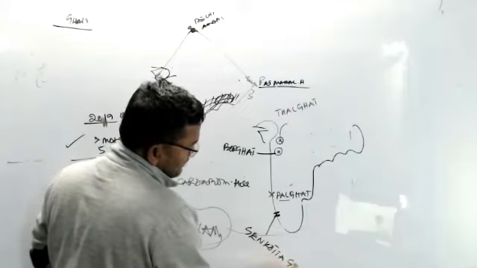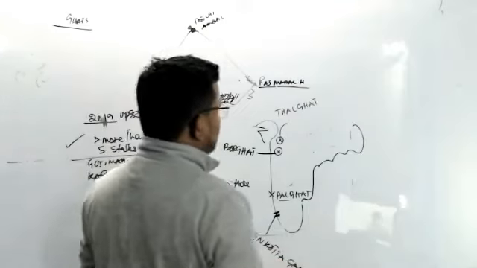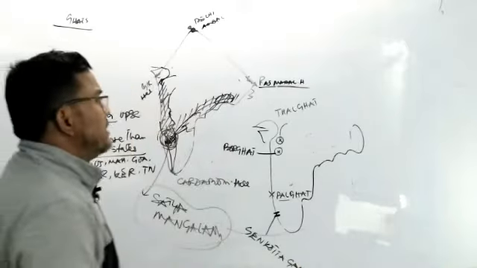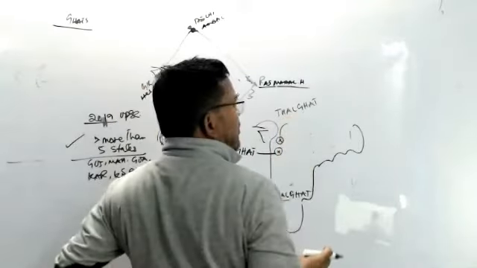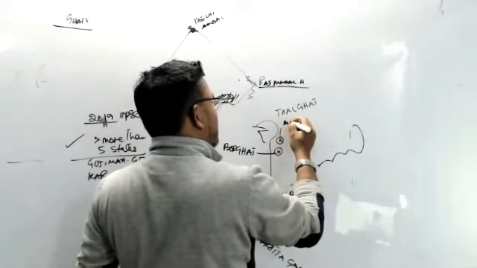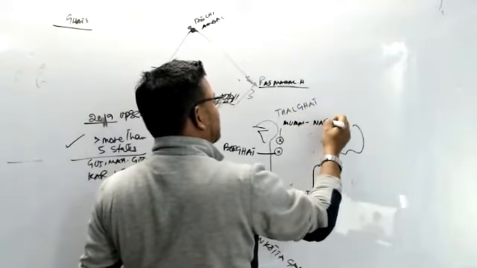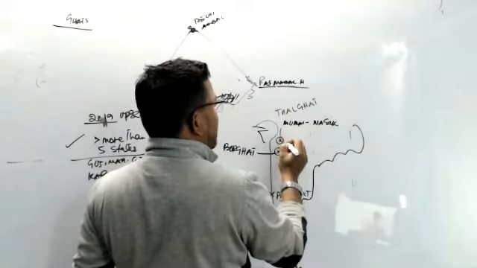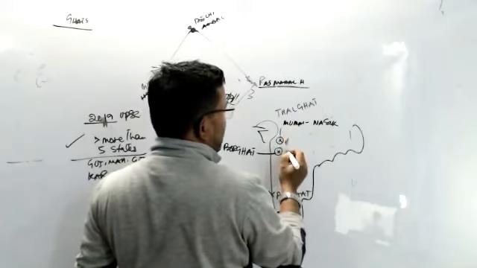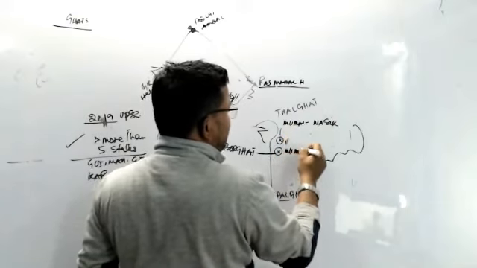What important things you need to understand here is that the Thal Ghat is used for moving from Mumbai to Nasik. The second one, Bor Ghat, is used for moving from Mumbai to Pune.